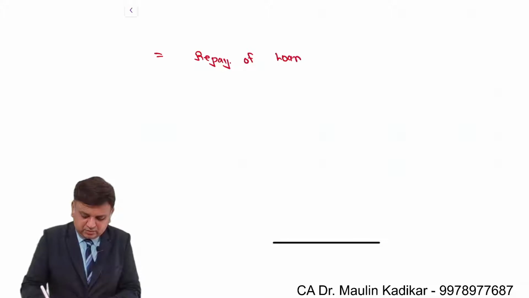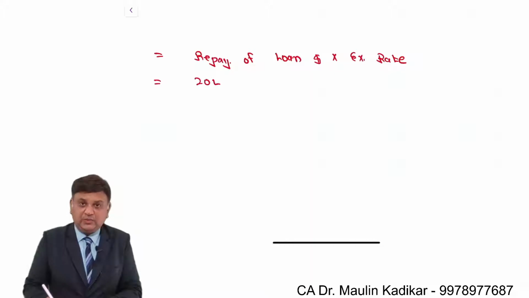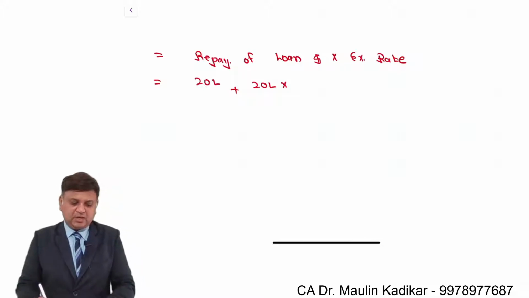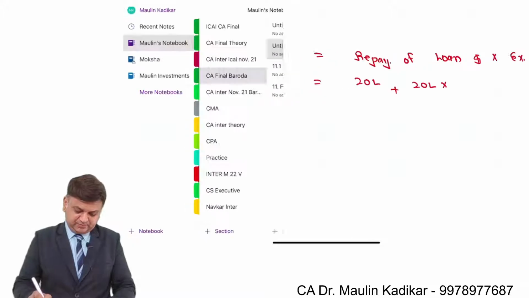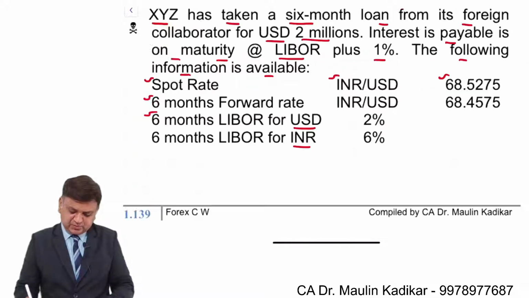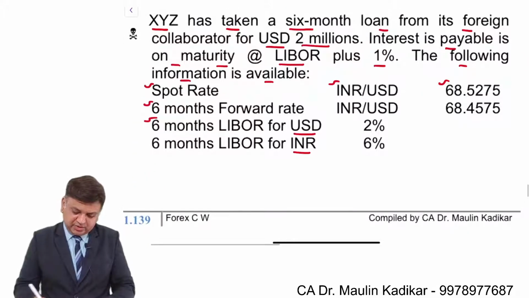Repayment of loan in dollar currency into exchange rate. 20 lakhs plus 20 lakhs into the dollar currency rate of interest. LIBOR is given as 2%, and the rate of interest provided over here is 3%.